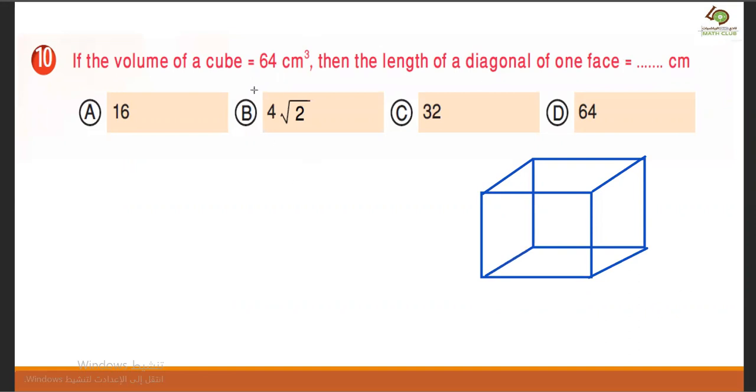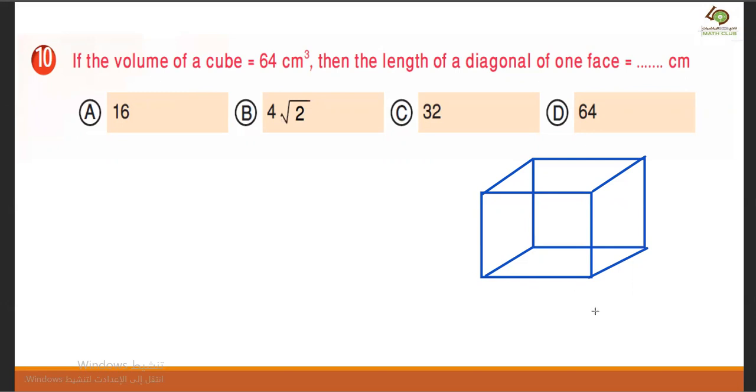It said the volume of a cube is 64. So I want to ask you, what is the length of the cube? If the volume is 64, what is the length? What is L, the length of the side?